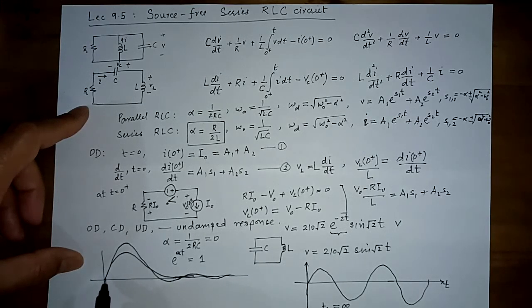And in the critically damped case, it is actually the smallest time possible without overshooting. So with a critically damped circuit, without overshoot, the smallest settling time is possible. And if we make a circuit less or more underdamped, we can say it goes higher, rings more, but ultimately it settles down.